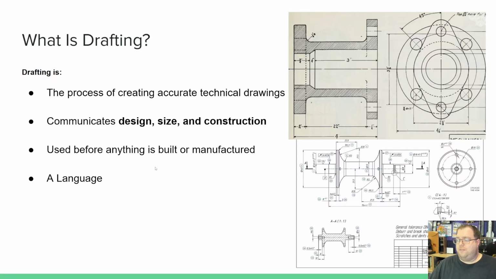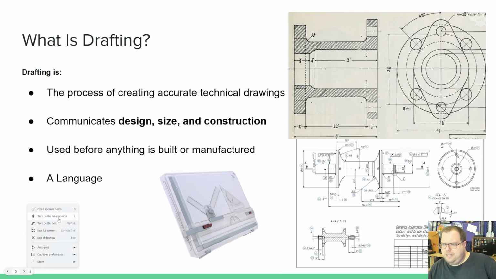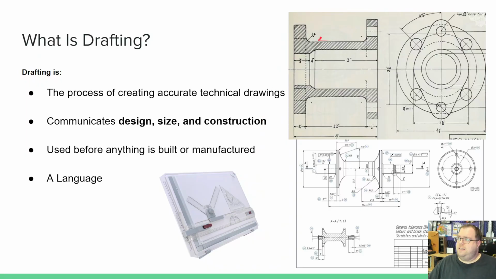You can see in these three examples, well, two of the examples anyway, there is a lot of text in here. Some of it is as simple as measurements, degrees, information about specific features, things of that nature.